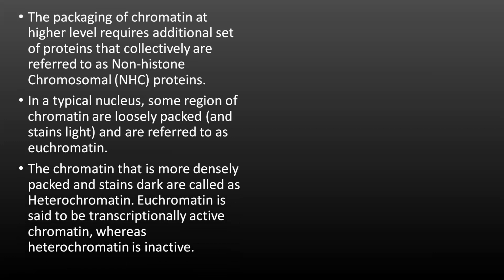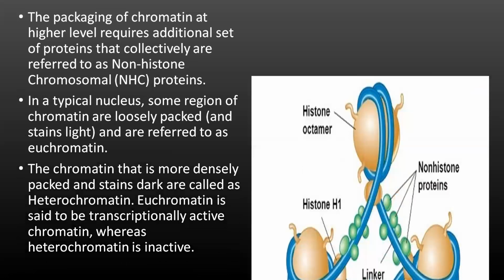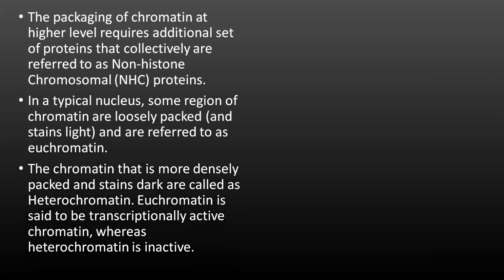So I'll explain what euchromatin and heterochromatin are. What is the central dogma? Central dogma is that from DNA you get RNA, and from RNA you get protein. So euchromatin will undergo transcription and translation and give you protein, but heterochromatin will not give any protein.